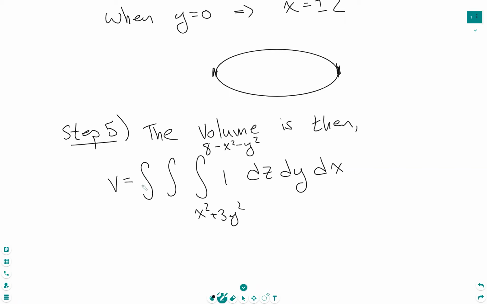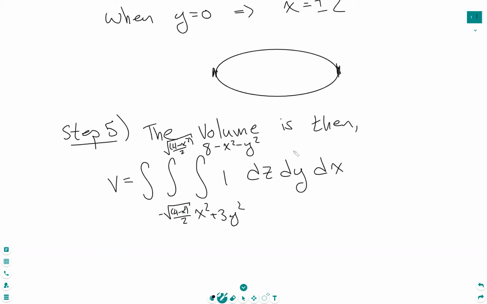Then these outer two talk about the projection. So we're doing the area integral. And we said that the y went from the bottom of the ellipse, which was negative square root of 4 minus x squared over 2, to the positive square root of 4 minus x squared over 2.